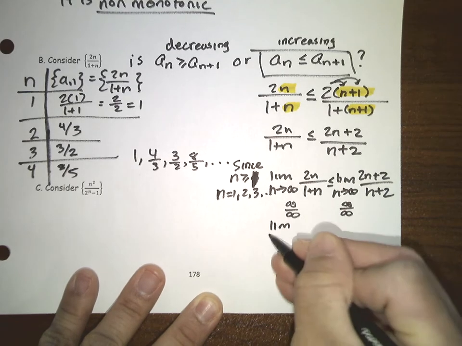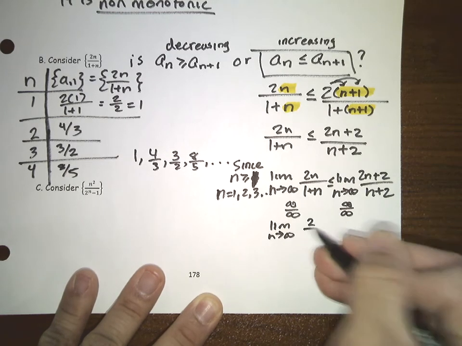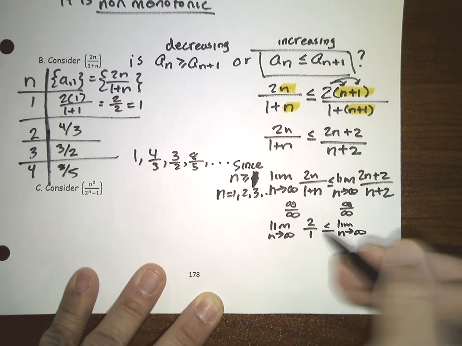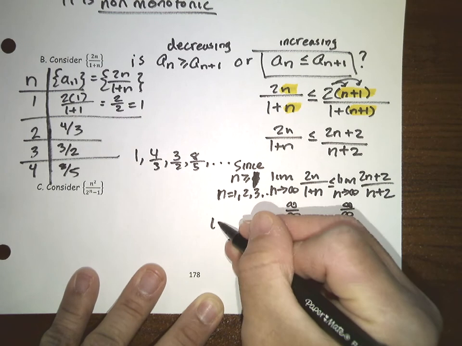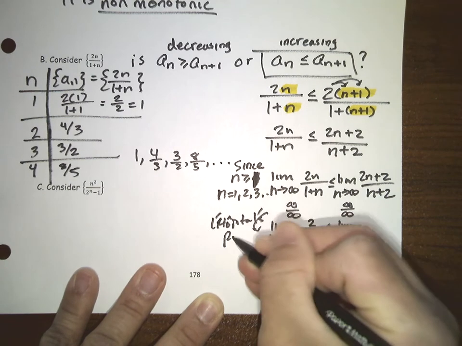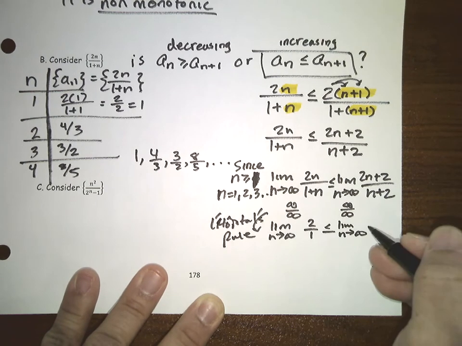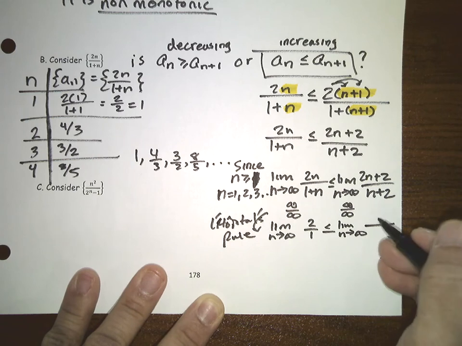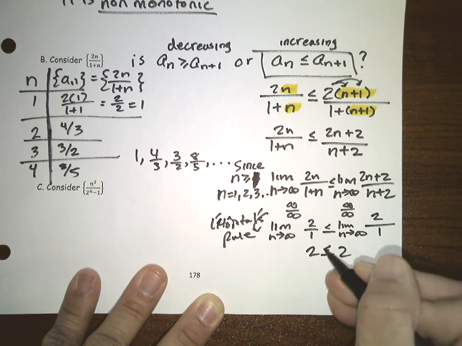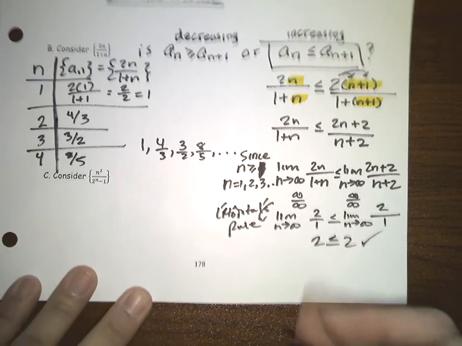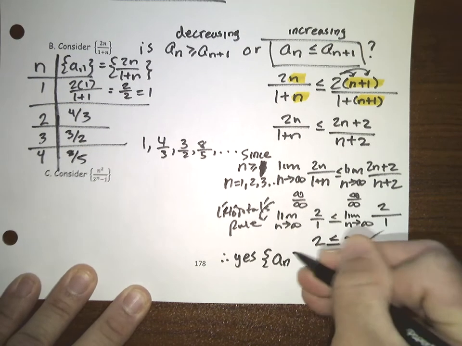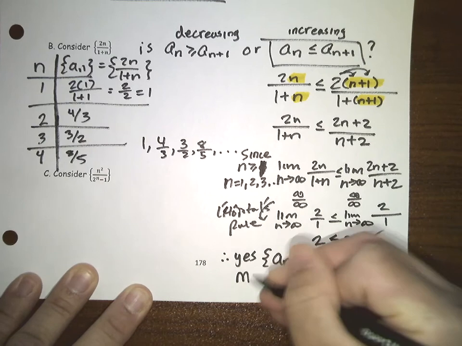So the limit as n goes to infinity of 2 over 1 is less than or equal to, again by L'Hopital's rule, the limit as n goes to infinity of 2 over 1. So I get 2 is less than or equal to 2, which is true. Therefore, yes, a sub n is monotonic.